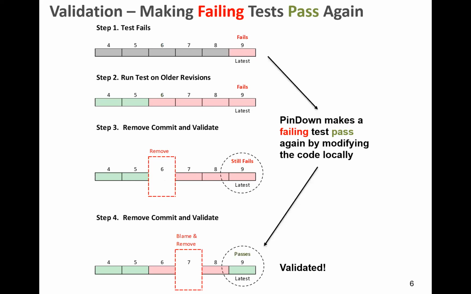And if there was a dependency between 6 and 7, now it will pass when both are backed out, and then the bug reporter will report that the bug is in either 6 or 7. So Pindan cannot narrow it down more tightly than that, but it has still proven that the bug is contained within 6 and 7.